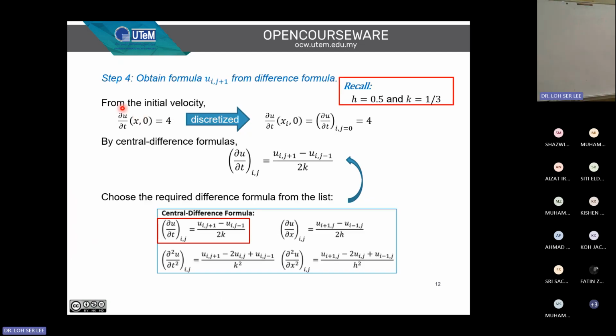So we discretize this first. That means we put an i here, and this means del u del t, where j equals 0. Why is j equal to 0? Because this one is u(x,t).